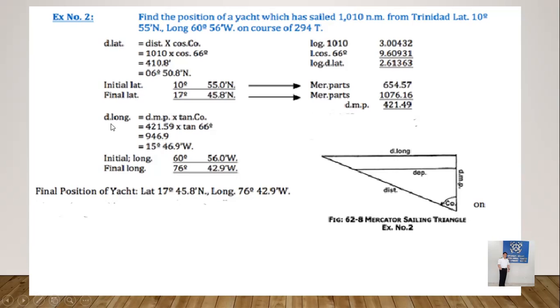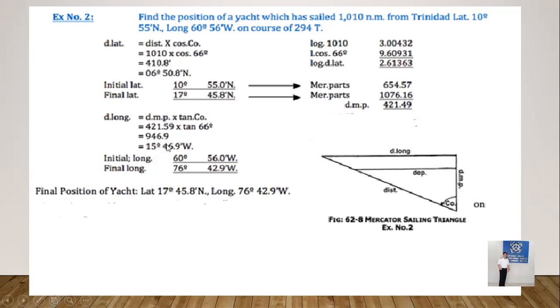Okay, and then solve for the D long, because the initial longitude is given. You have to solve for the D long to get the arrival longitude. DMP times tangent course: DMP is your 421.49 times tangent 66. You get 946.9 minutes, or miles.